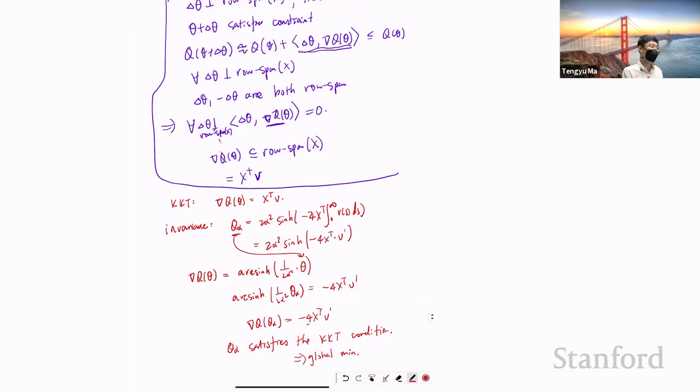This requires the convexity of this program. The constraint is linear, so it's convex. The objective, you can verify it's also convex. It's something between the L1 norm and the L2 norm. Both of them are convex.